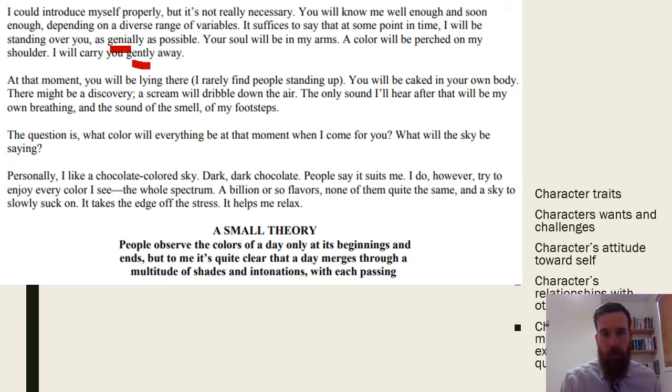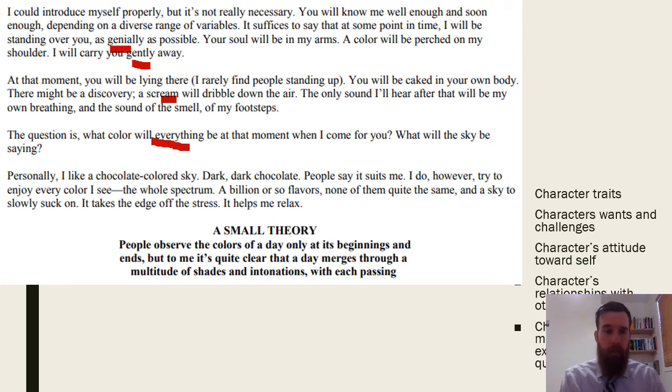At that moment, you'll be lying there. I rarely find people standing up. You'll be caked in your own body. There might be a discovery. A scream will dribble down the air. The only sound I'll hear after that will be my own breathing and the sound of the smell of my footsteps. The question is, what color will everything be at that moment when I come for you?